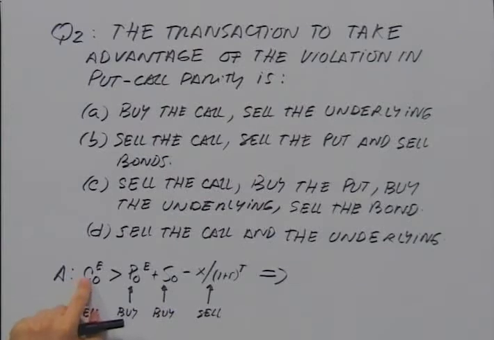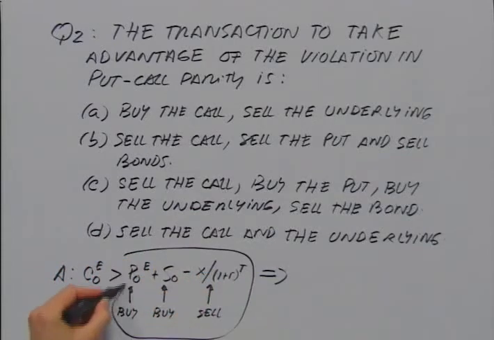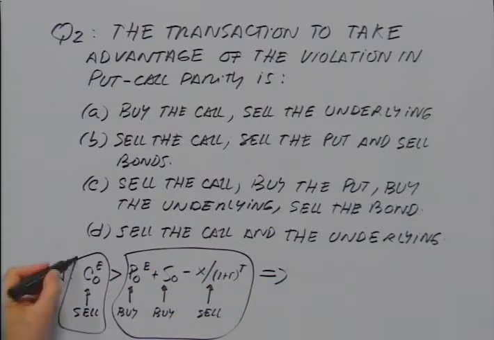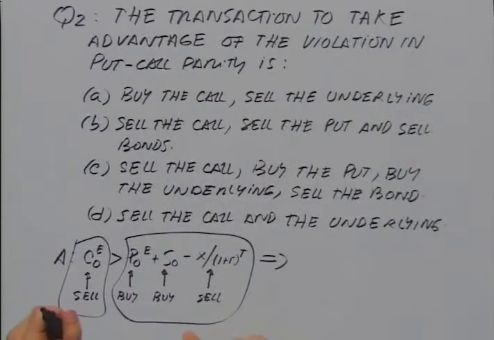The only thing the question really asks you to do is to understand the implications of put-call parity. Remember that what we've discovered is that the actual call price is greater than the synthetic call price. So what does it mean that the actual call price is higher than the synthetic? It means that you can sell the expensive call and buy the cheap one.